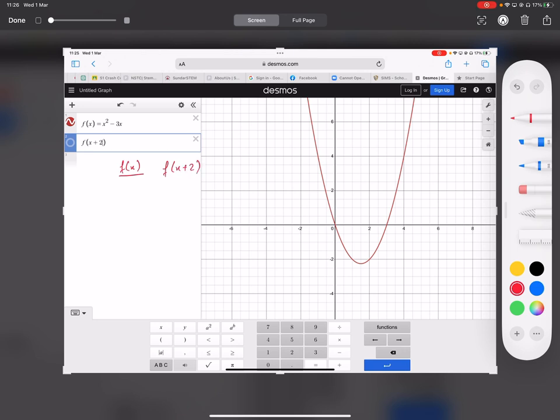These are the two functions that we have, right? If we input x equals 0 in the original function, what is that going to give us?